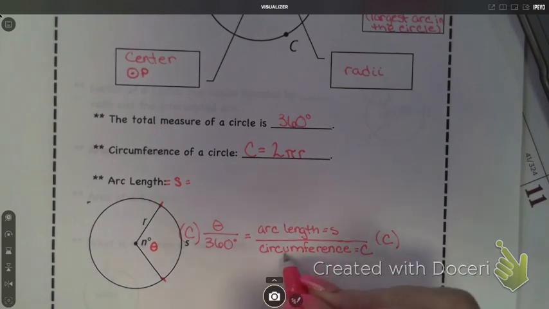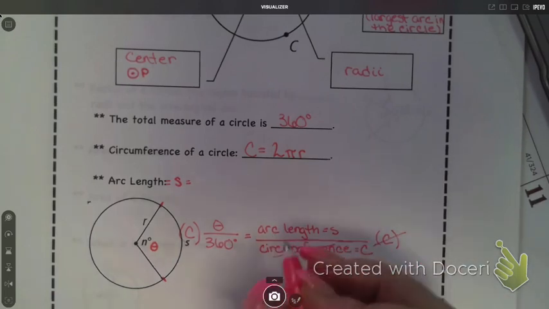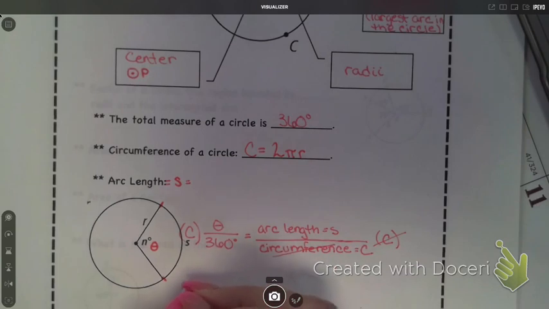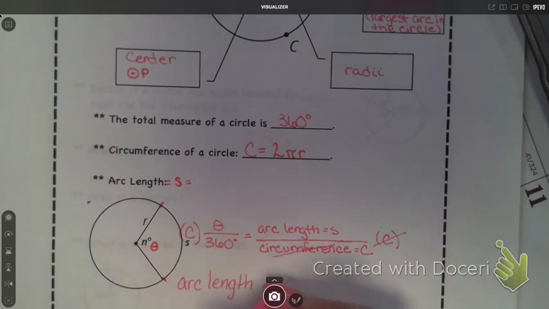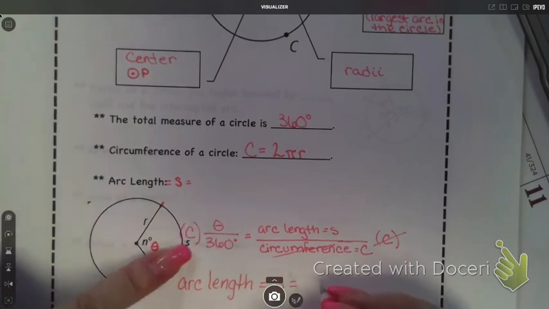So the circumference on the right reduces out, so we're left with S equal to what? Theta times circumference divided by 360. Okay.